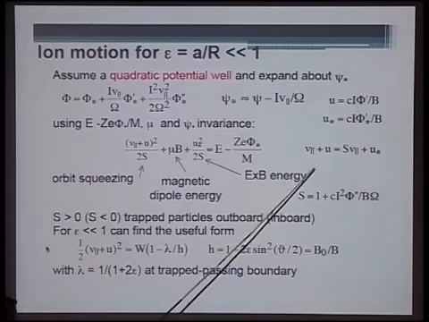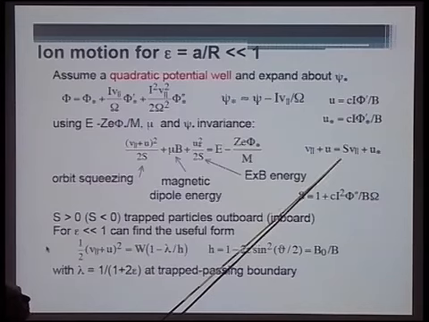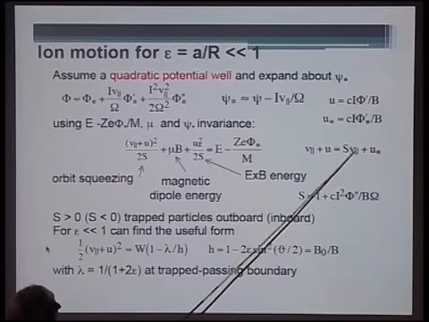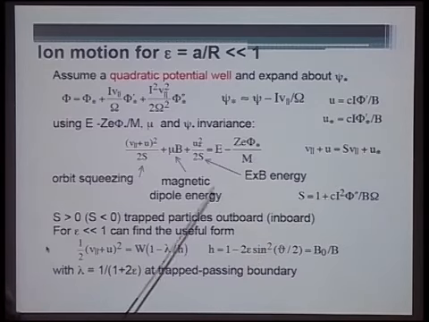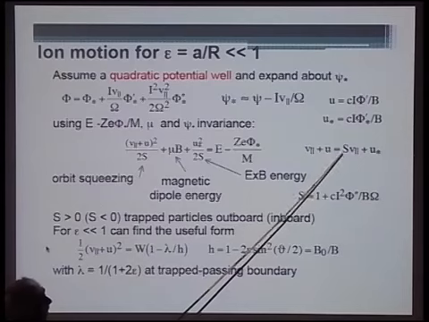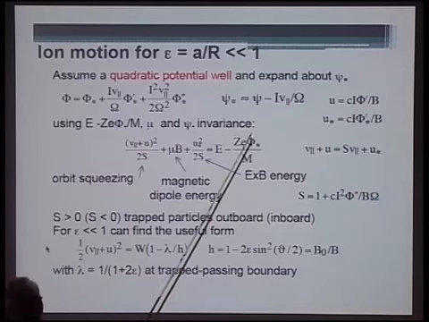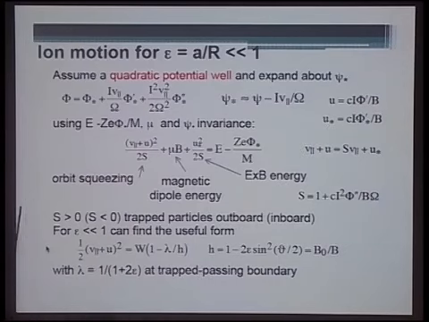But to do the trajectory averages, you have to write that in terms of the starred variables. And you can show that this relation holds where S is the orbit squeezing factor and U star are related. So you have to keep track of these differences. You go crazy trying to keep track of them, and we've probably done it wrong more times than we've done it right, but I think we have it all sorted out now.